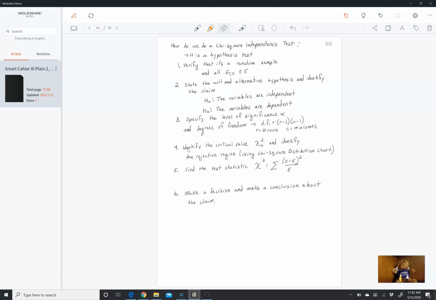Okay, so let's do a chi-square test for gender and ice cream, and the way people prefer eating their ice cream.